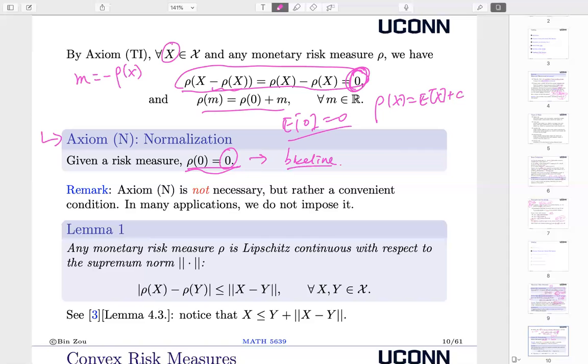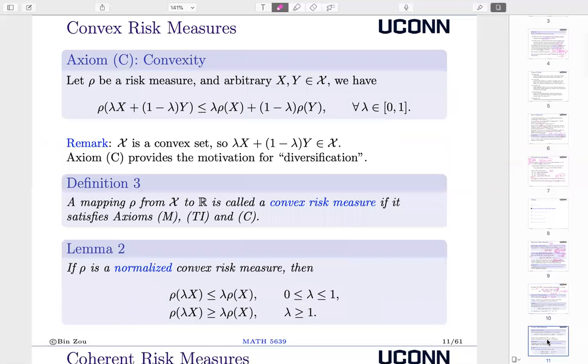Let's say some constant c. In this definition, this is also a monetary risk measure, but as long as your c is not 0, it is not normalized. So normalization is not a requirement, it's rather a convenience that we usually assume. Lemma 1 is a technical condition, so we can ignore it, that's not important.